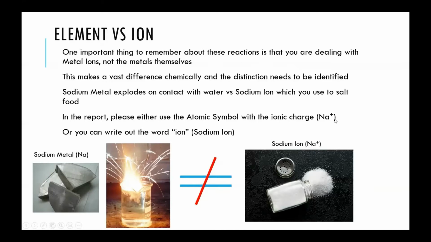So when writing them out, you can either include the different charges, or if you're writing out the words, you can write "ion" after it to indicate that you are working with the ion compounds and not the direct elements themselves.